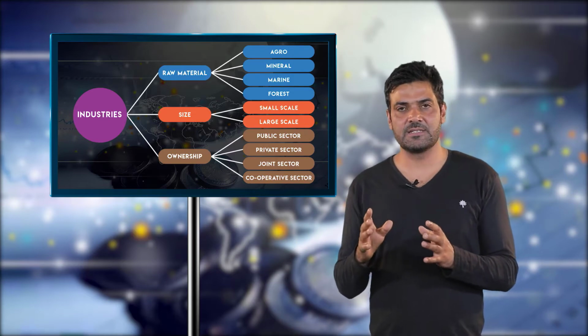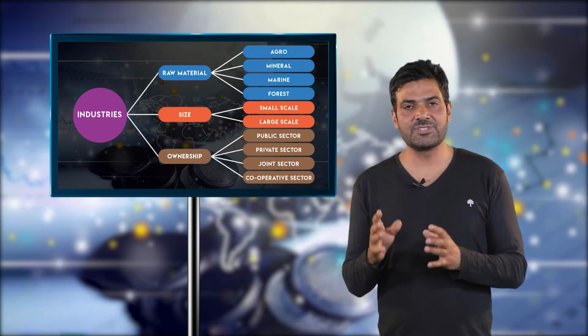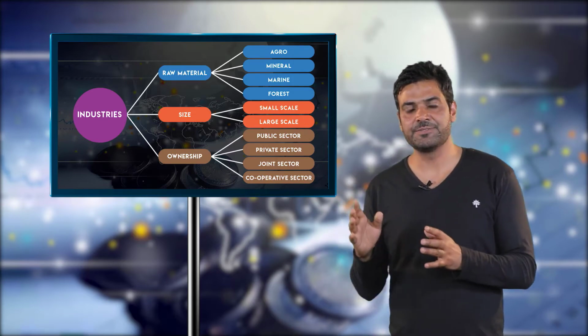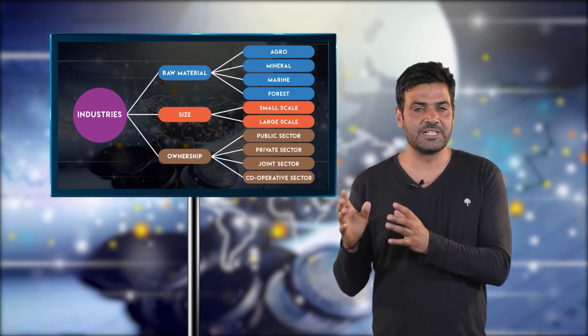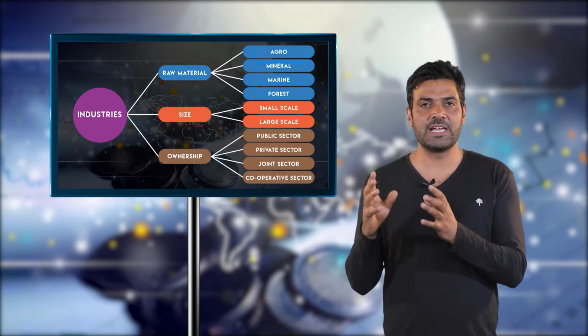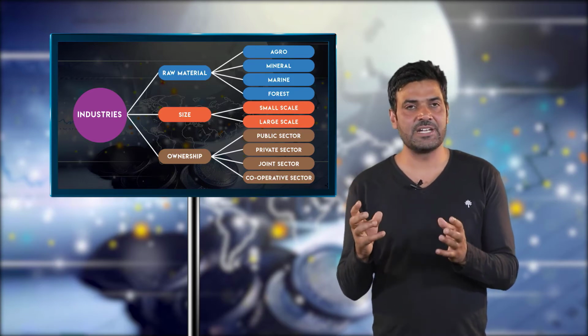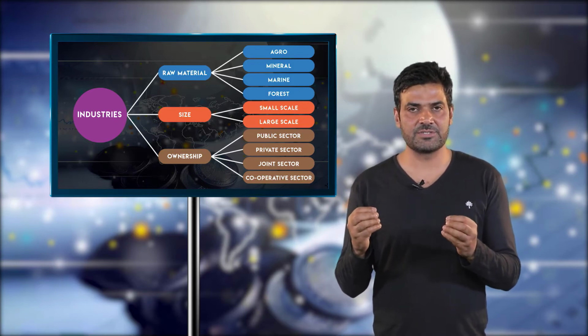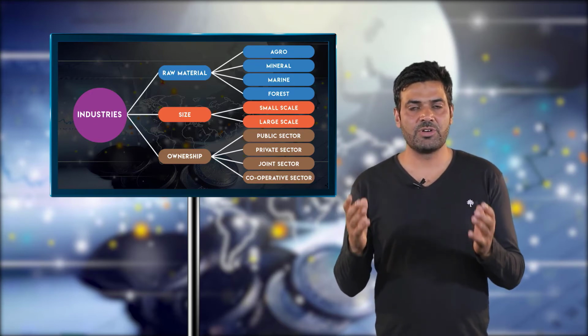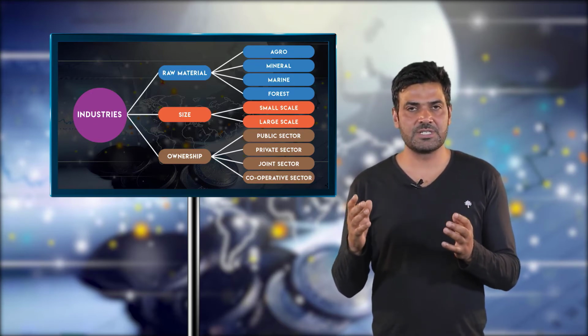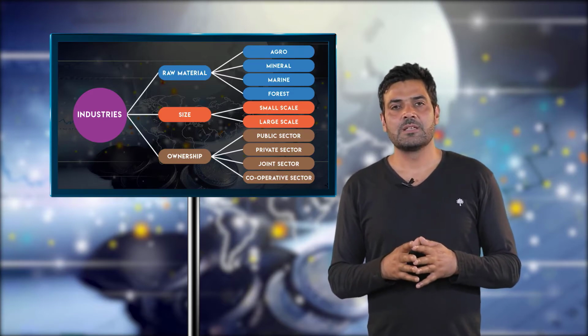Examples of large-scale industries are the iron and steel industry and the textile industry. We also have the IT industry, which is one of the largest industries in the world.